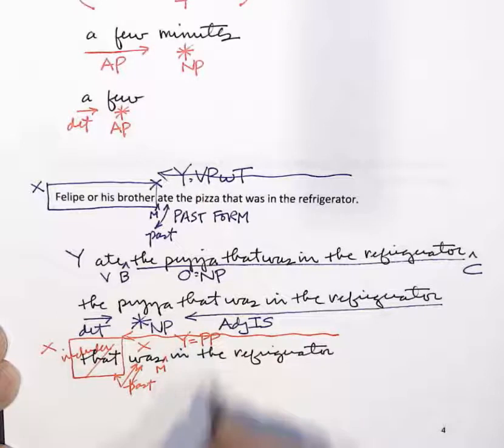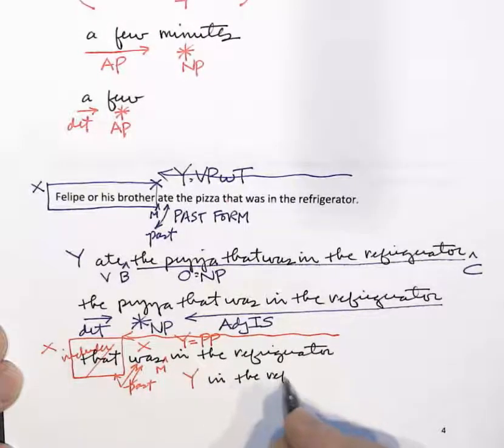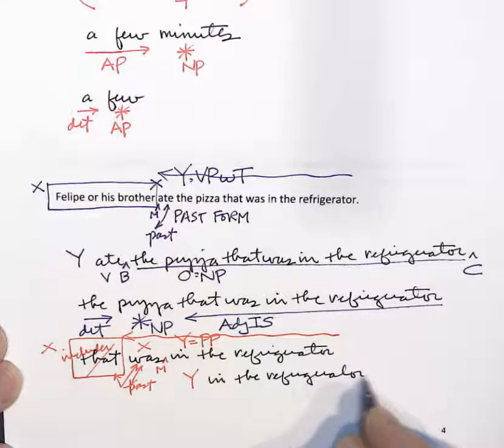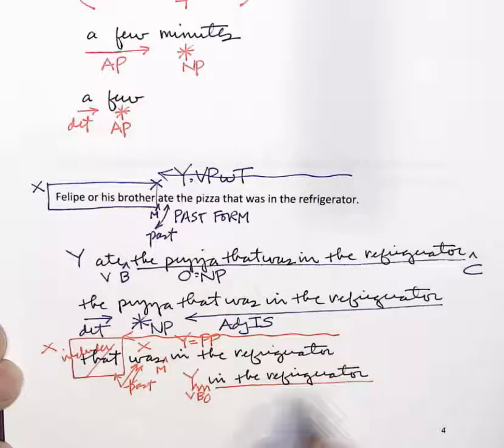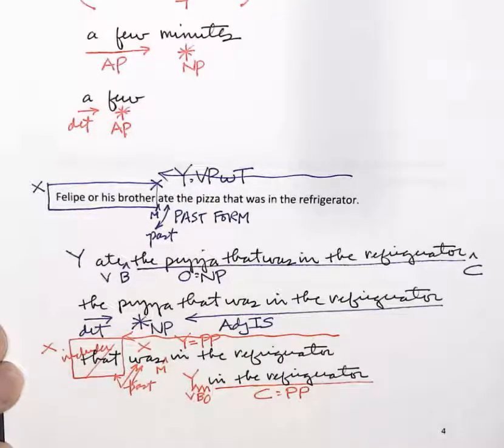That's a prepositional phrase. Let's rewrite our Y. In the refrigerator, and the verb place is empty, the particle place is empty, the object place is empty, and in the refrigerator is the complement. It's a prepositional phrase. Okay, and let's write that over here.